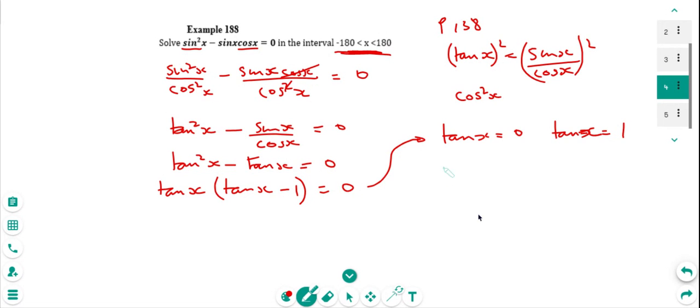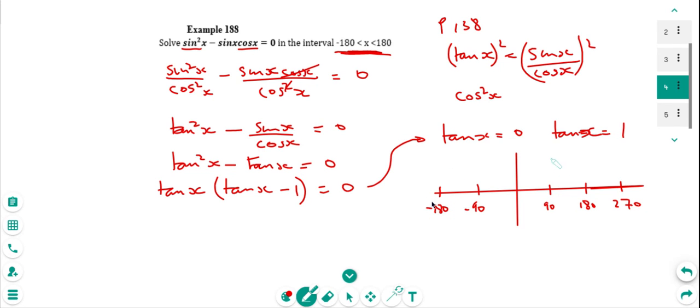So again, I'm going to draw our graph in that range. The asymptotes are at 90. It goes through 0 at 180, and we've got another asymptote at 270, although we're not going up as far as 270 in this case. We've got another asymptote at minus 90, it goes through at minus 180, and crosses the axis at 180.